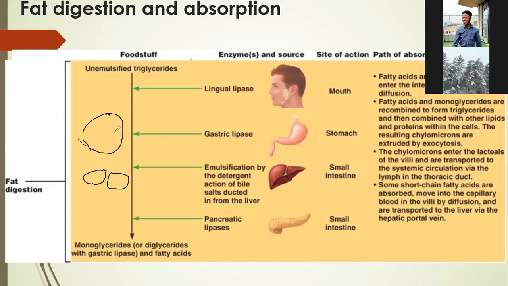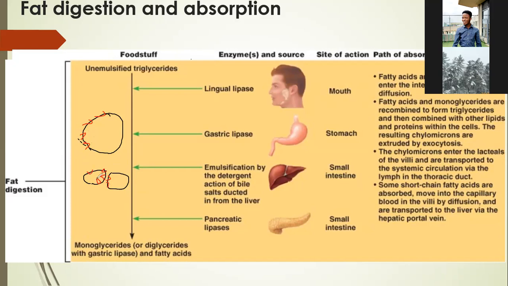Now, if you add a detergent, it will come and sit on the surface of this chunk. And then when you split it into two, it will sit on the surface of all these. And because of this presence of the detergent on the surface, once the droplets have been cut into two, they cannot reunite.